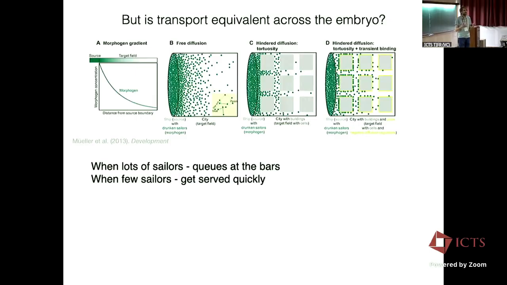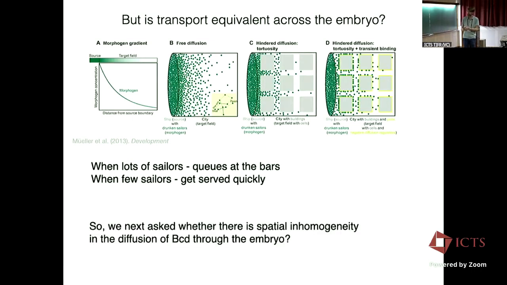So the idea here is that you might well have concentration-dependent dynamics in your system because essentially of the protein crowding. And so we wanted to ask, is there spatial inhomogeneity in the Bicoid transport?